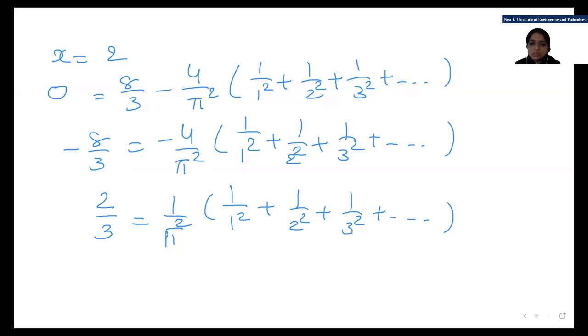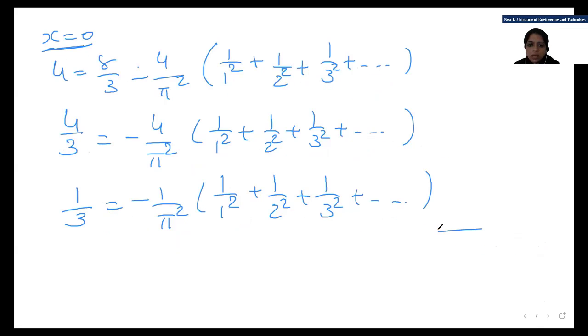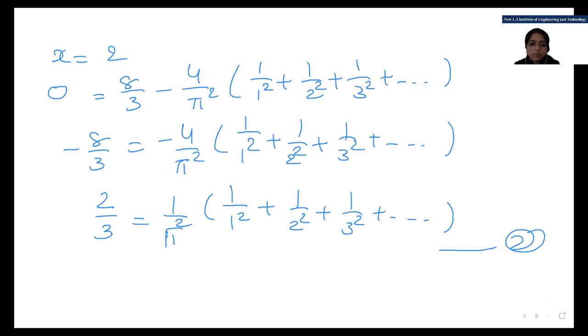So students, this is our equation 2 and the previous one is equation 1, and as you see, if I keep the minus sign as it is, then from both the equations our right hand side is the same.